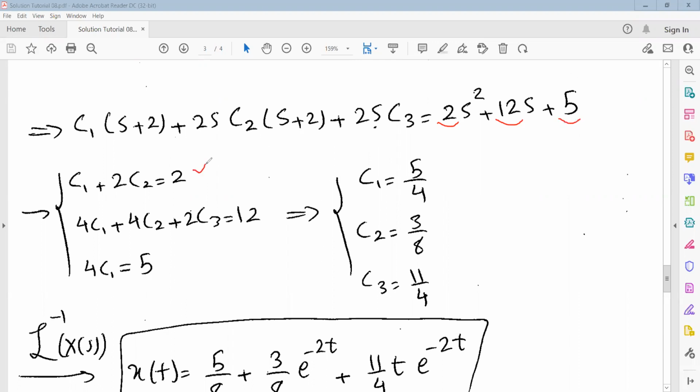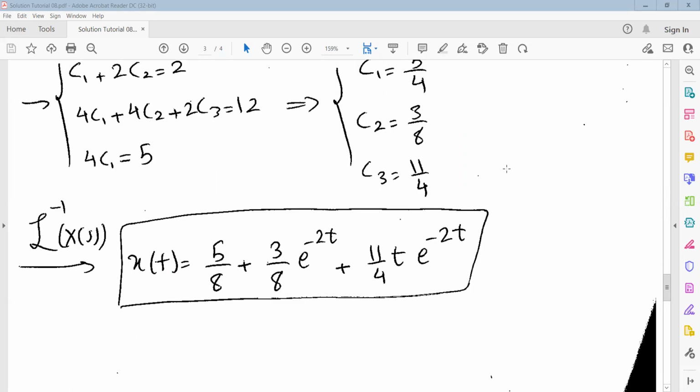Now we have three algebraic equations with three unknowns, c1, c2, and c3. If you solve this, you can obtain that c1, c2, and c3 are equal to these values. And in the next step, you can obtain the response in the time domain by using the inverse Laplace transform. Okay, is it clear?